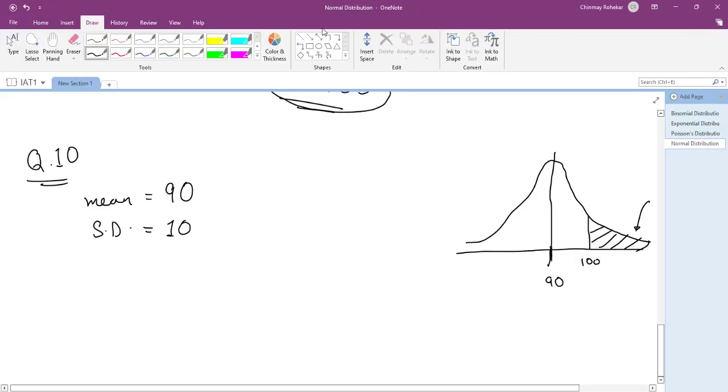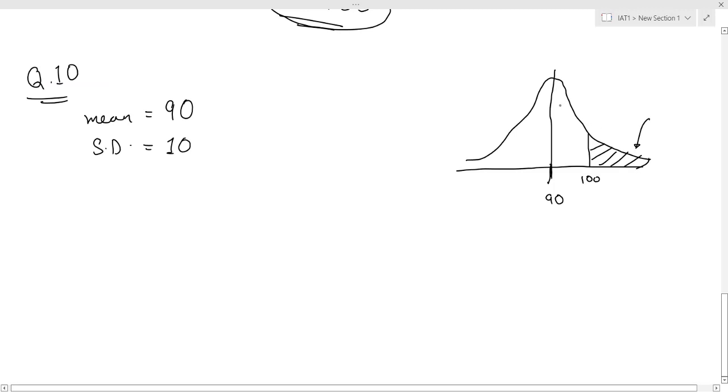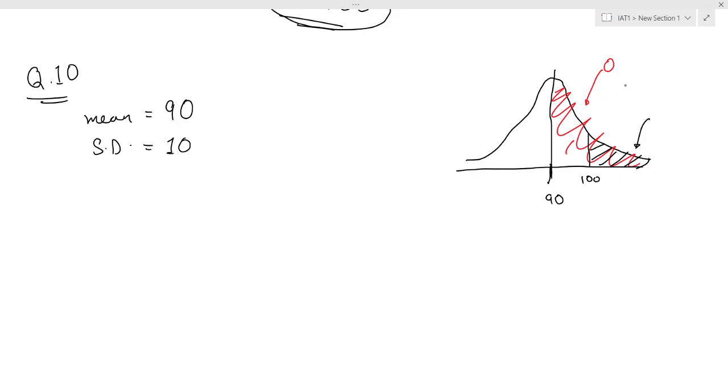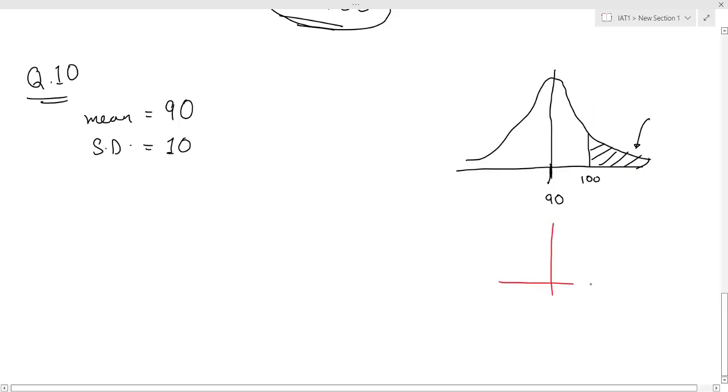Now, I had told you previously what is the total area to the right side of the y-axis. This total area is 0.5. So if we want to find out this black area, what are we going to have to do? We will have to first find out this entire red area.